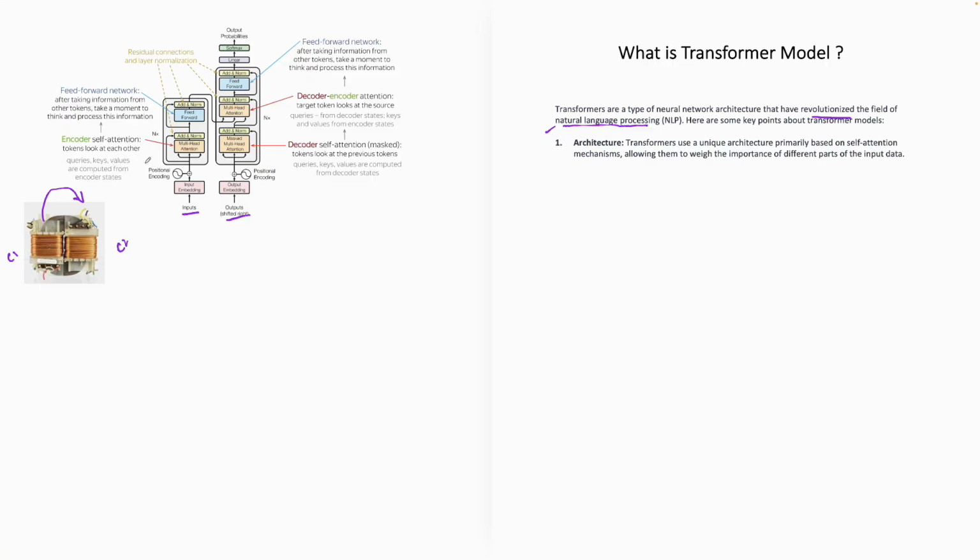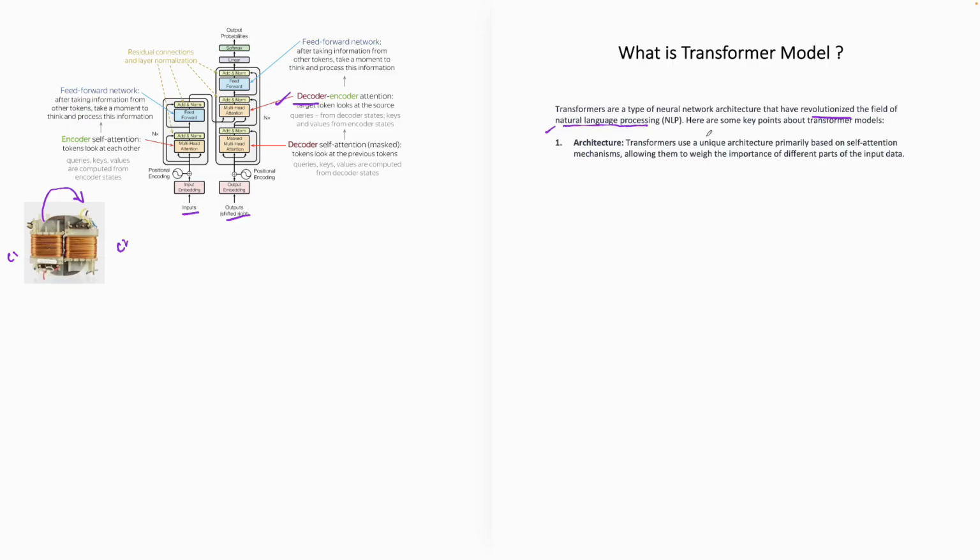And now, what is a decoder? The decoder uses these embeddings to generate the output. Don't worry if you don't understand it, we'll understand with an example as well.